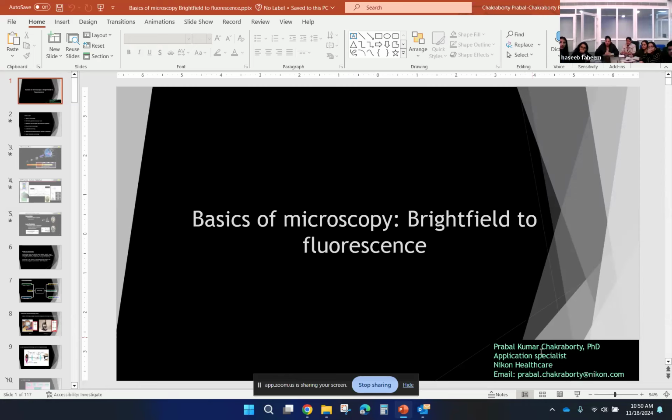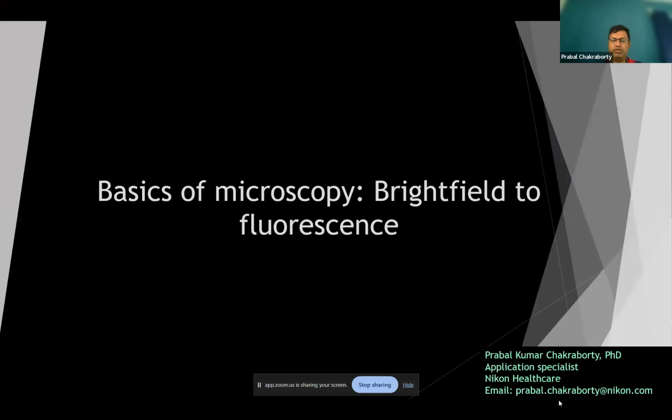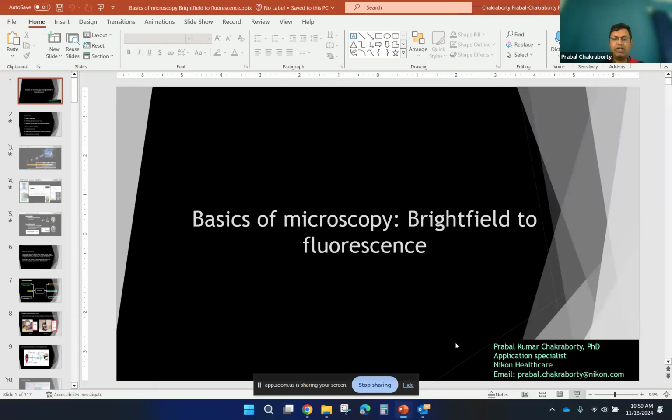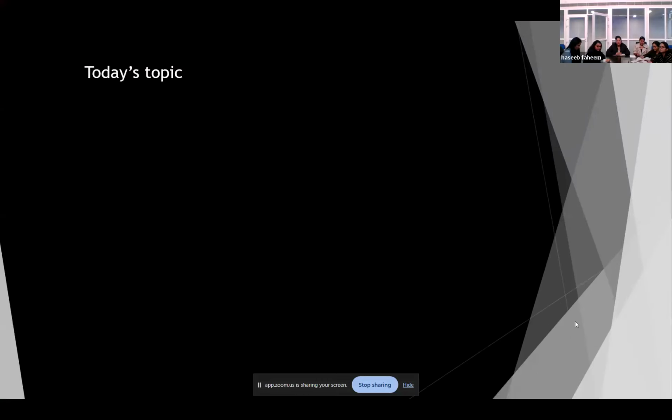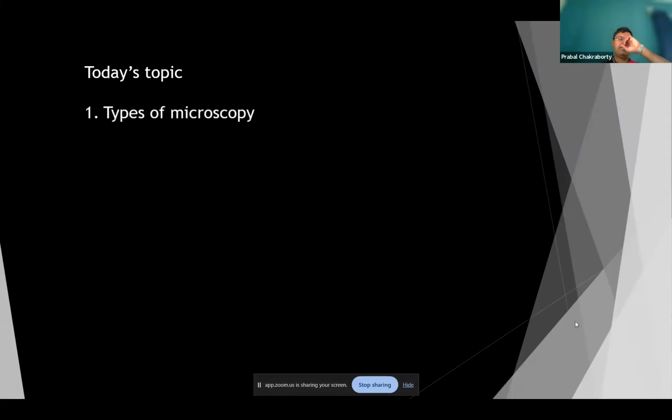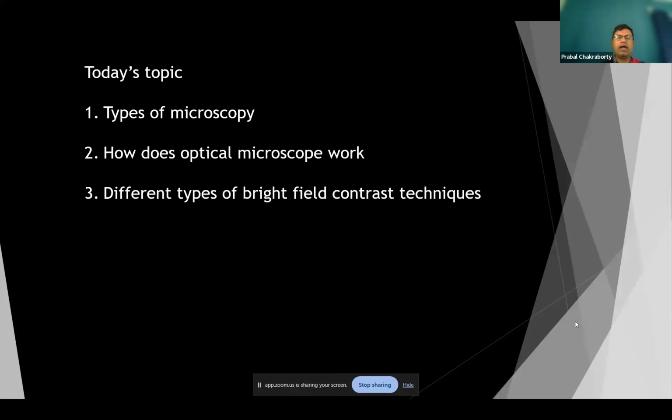Okay. So good morning, everyone. Before we start, I hope you have a little bit of idea about microscopy, and if not, then we can start from basics. Today's topic will be types of microscope and then how the optical microscope generally works and what the different types of bright field contrast techniques are.